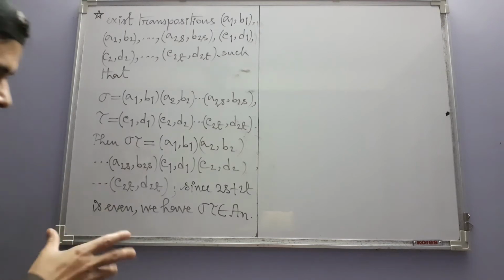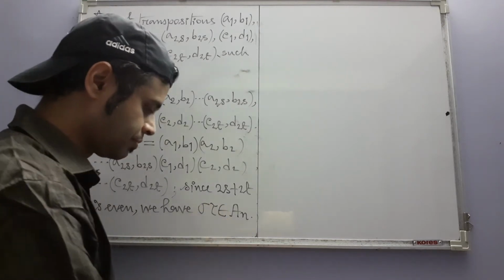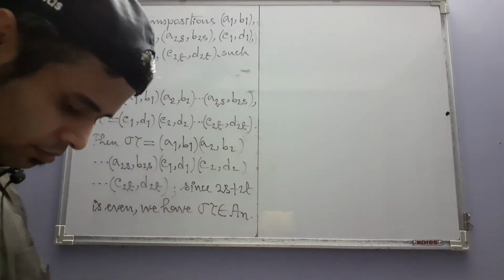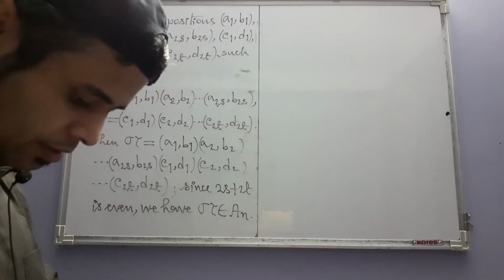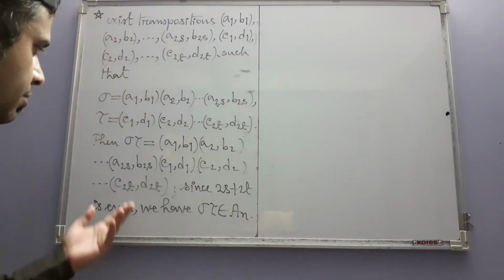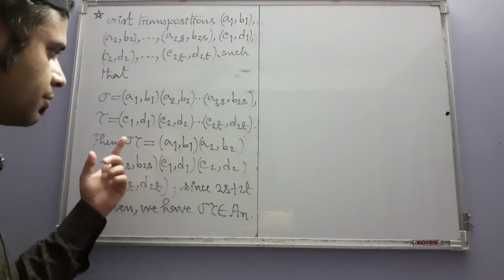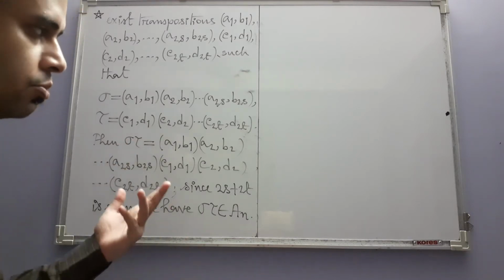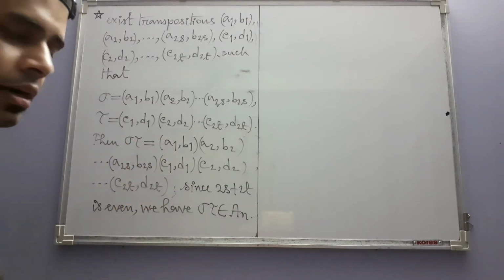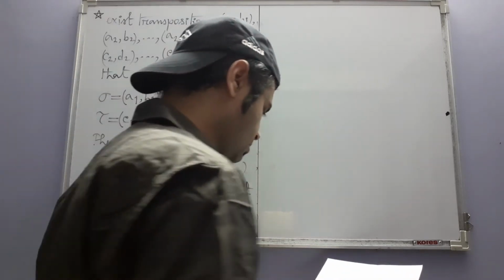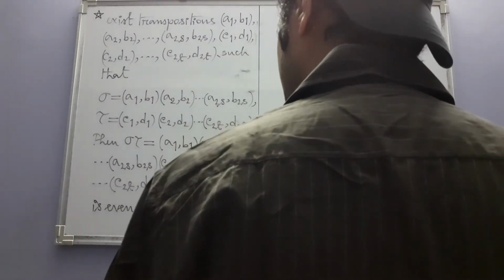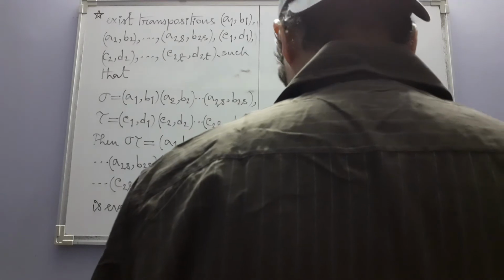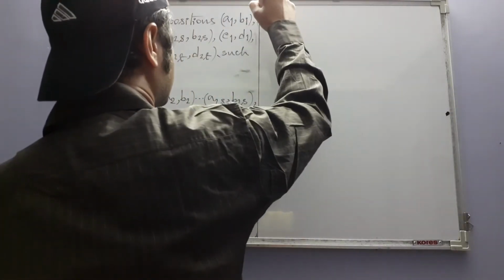So in these few exercises, we are looking at the nature of evenness or oddness of the product of two permutations whose own evenness or oddness are given. Okay, so then the next one, 18.